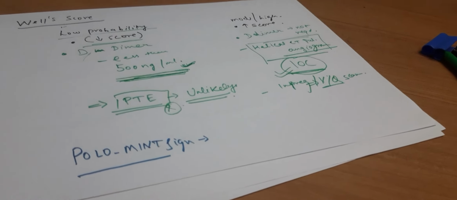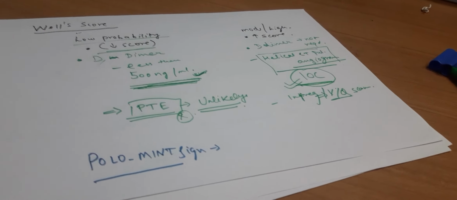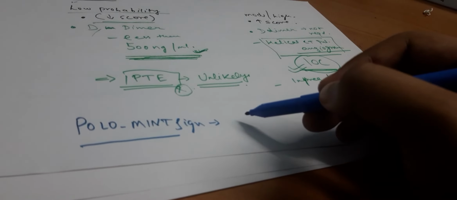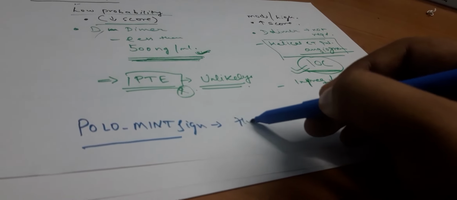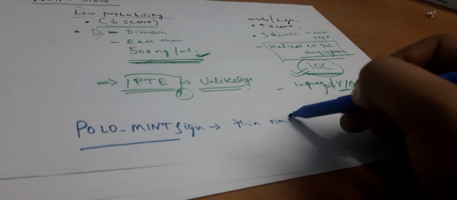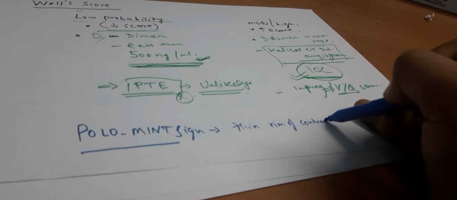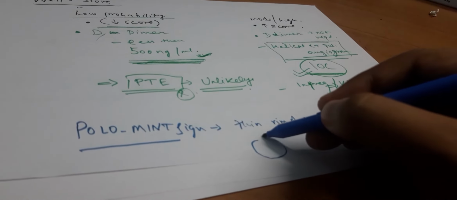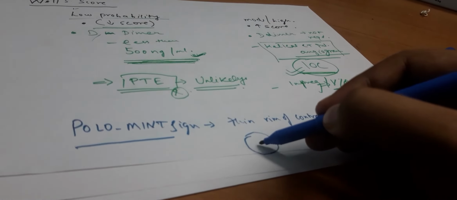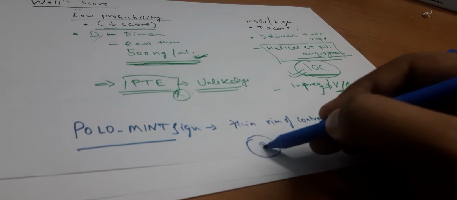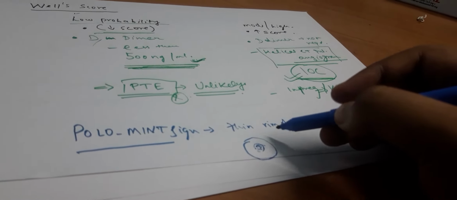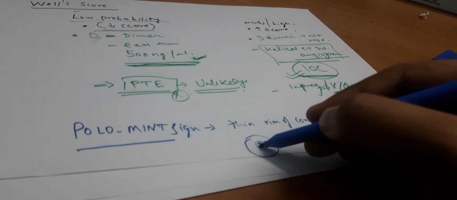So, in this sign, there is a thin rim of contrast which persists around the central filling defects due to a thrombus. All right. So, there will be a thin rim of contrast. Okay, so this is a central filling.